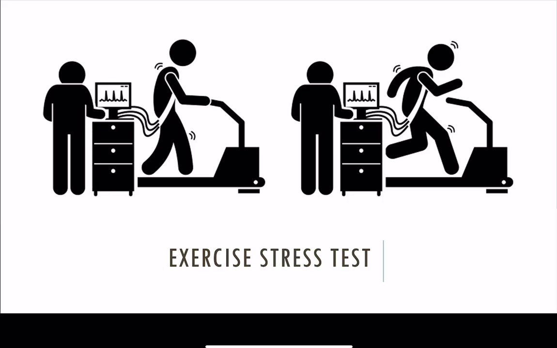So the overall goal of the test is that you systematically and progressively increase the oxygen demand of the heart. So you make the exercise progressively harder during the test. And then you carefully evaluate the response to the increased demand. The mode of exercise that's used can vary. It really depends on the facility and the patient's abilities and preferences.